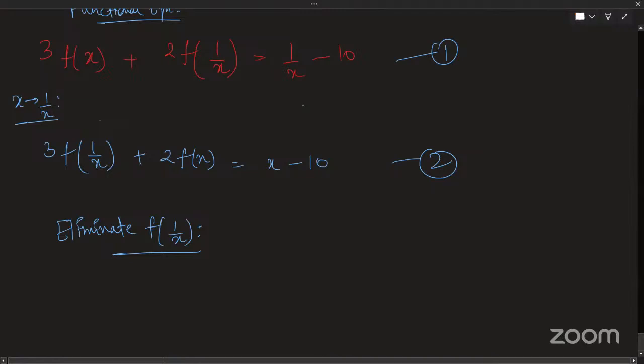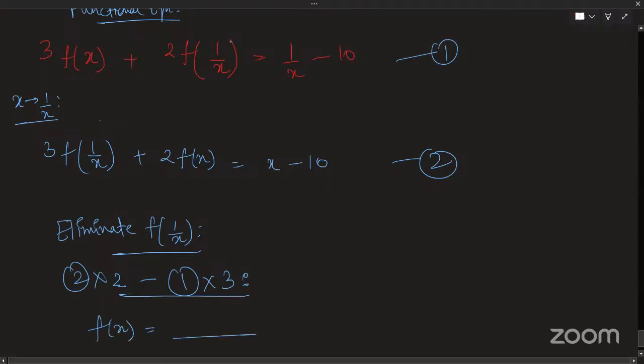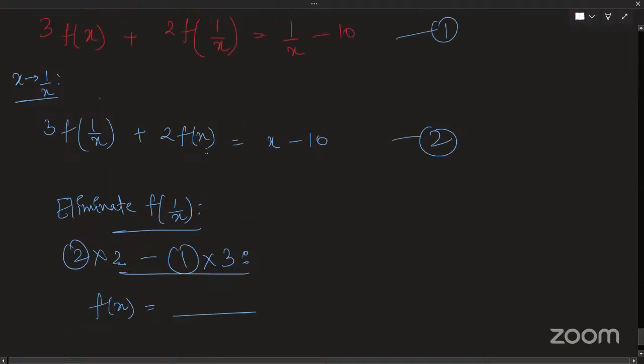You can multiply your second equation by 2 minus the first equation by 3. When you do this, you will eliminate f of 1 by x and get your f of x. After that, you can directly calculate f of 3 plus f dash of 1 by 4. This is all you need to do.